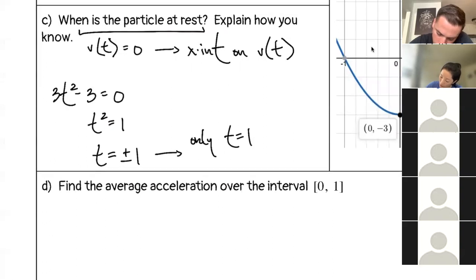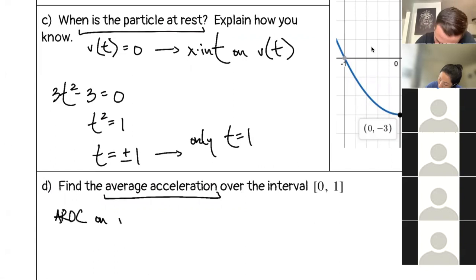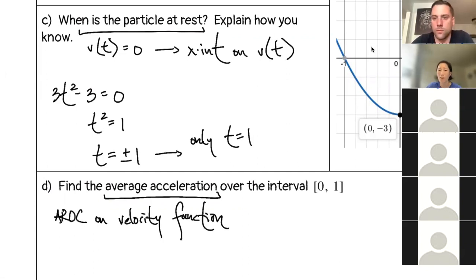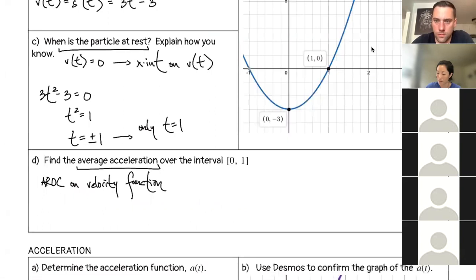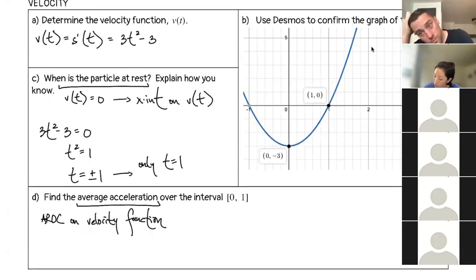Average acceleration. This will be the average rate of change on the velocity function. If we were to draw our two points, we would choose (0, -3) and the second point would be (1, 0).